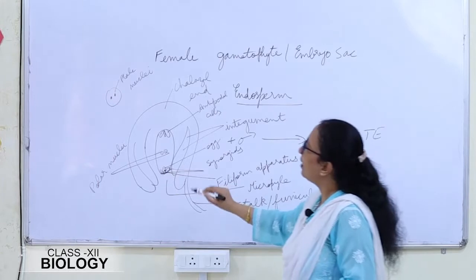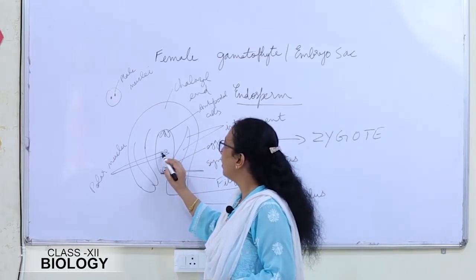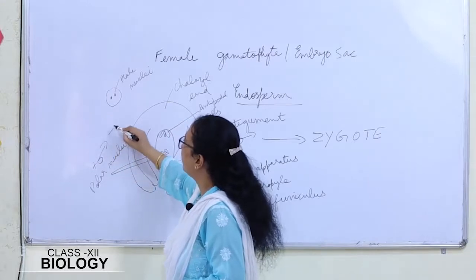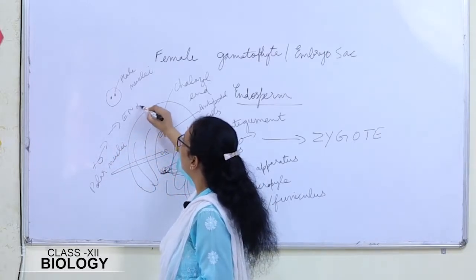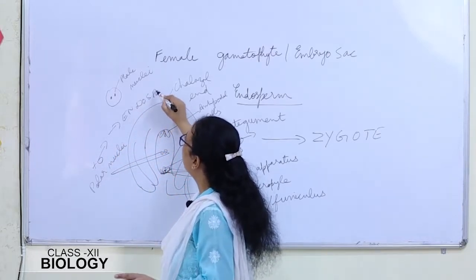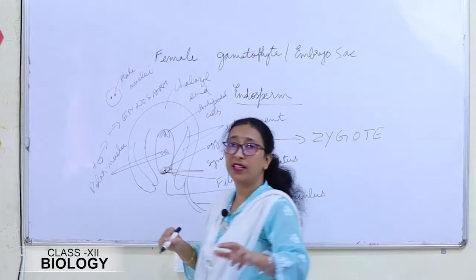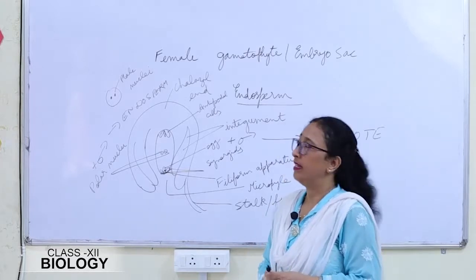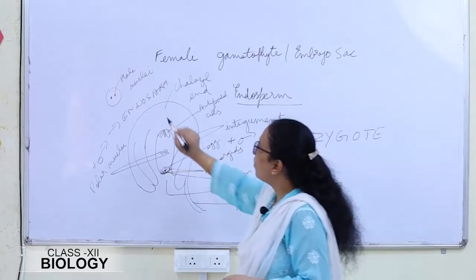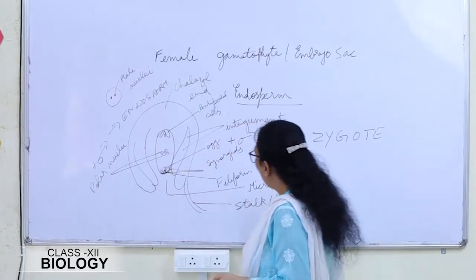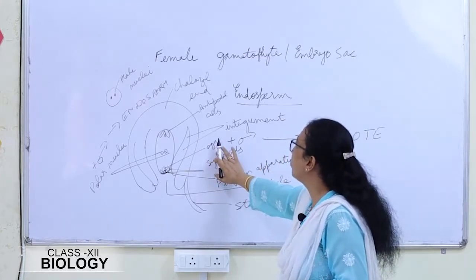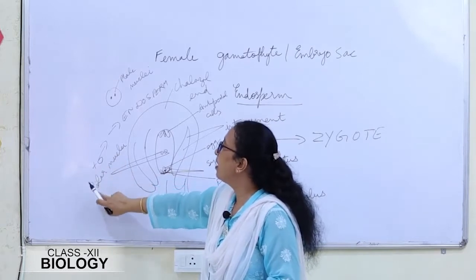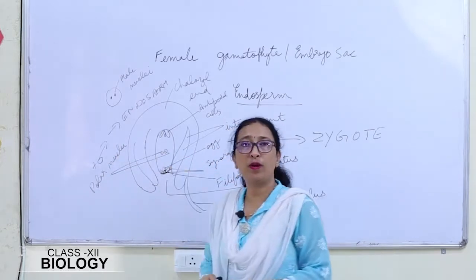The other male nucleus will fuse with the polar nuclei and form the endosperm. In the earlier topic, we had seen how the endosperm develops. So in this type of fertilization, twice it has occurred. Once it has fused with the egg and formed the zygote. The other time it has fused with the polar nuclei and formed the endosperm.